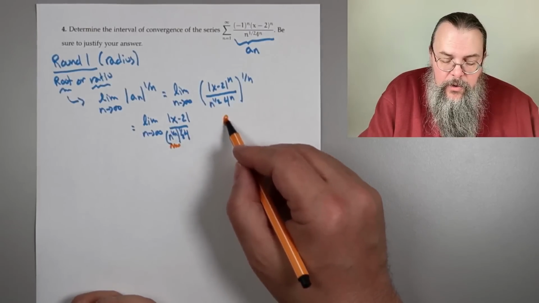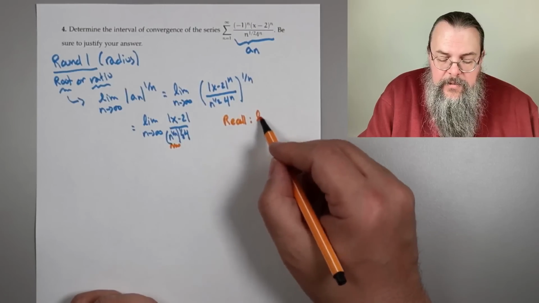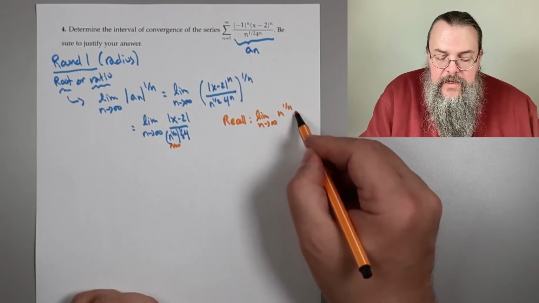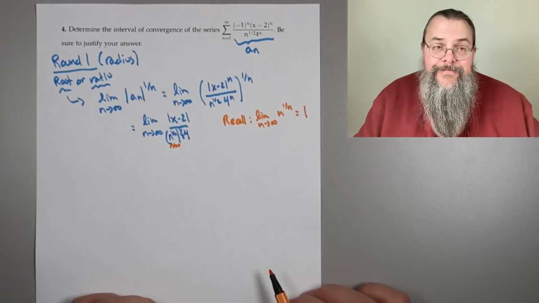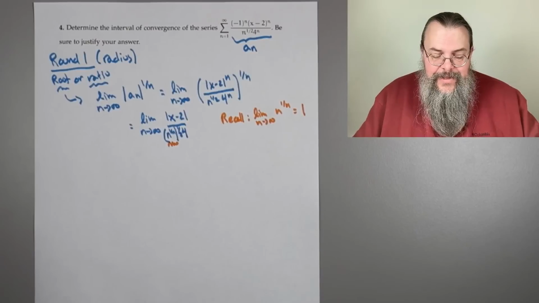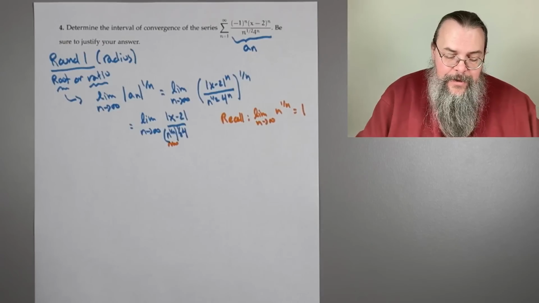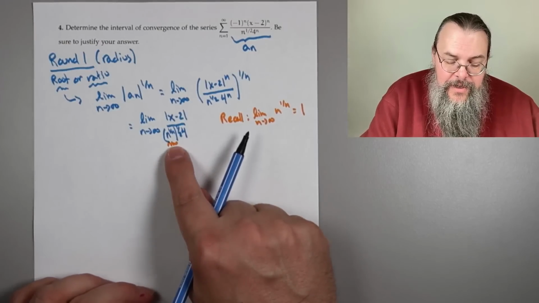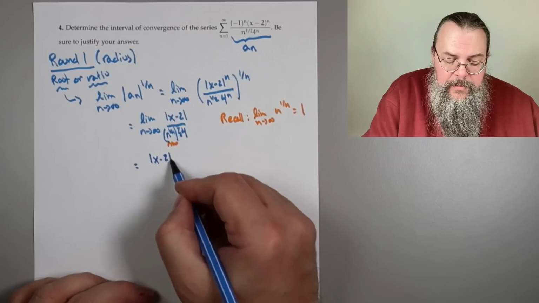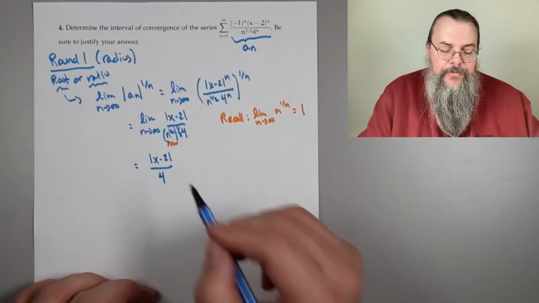And we noticed something, namely that the limit as n goes to infinity of n to the 1 over n is 1. Since the only place that n shows up is right there, that's going to 1. And so our limit is the absolute value of x minus 2 upstairs. 1 to the half is 1, times 4 is 4.